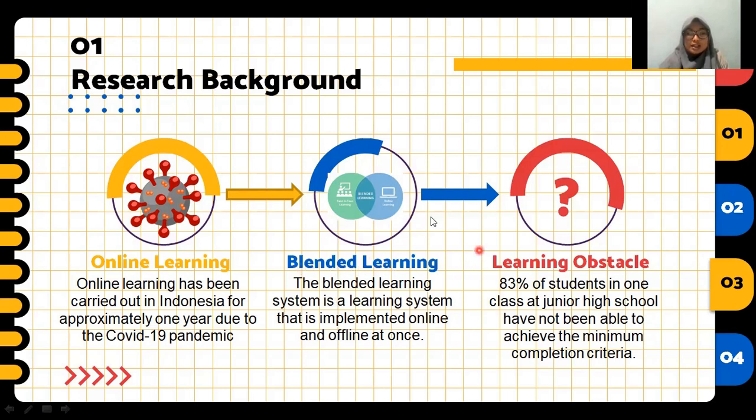So we discuss blended learning. The blended learning system is a learning system that is implemented online and offline at once. Especially in Batanghari Regency, blended learning divides students into two groups in one class, group 1 and group 2. Group 1 studies at home in the first week of a month on Monday, Wednesday, and Friday, while the second group studies at school.